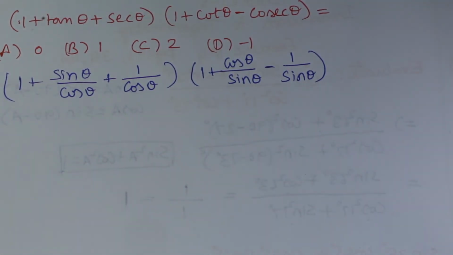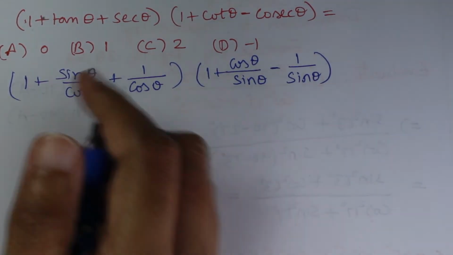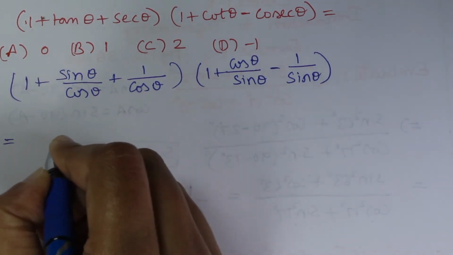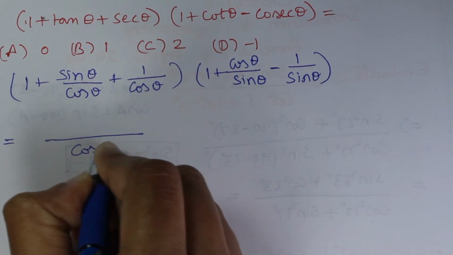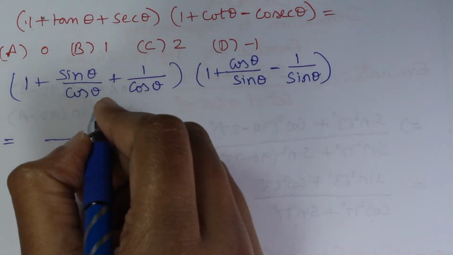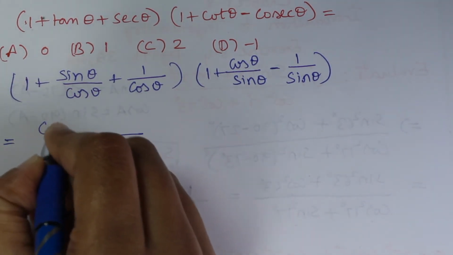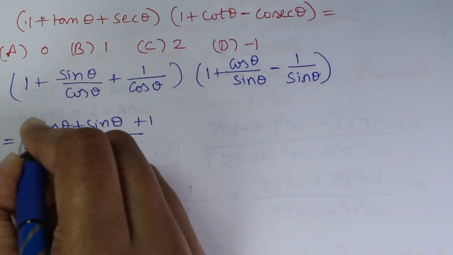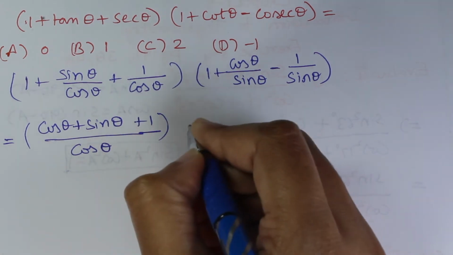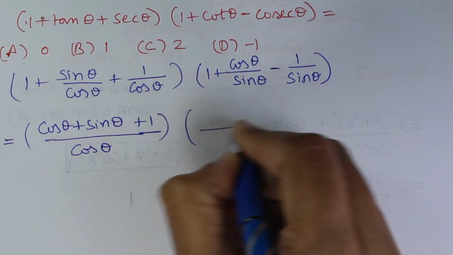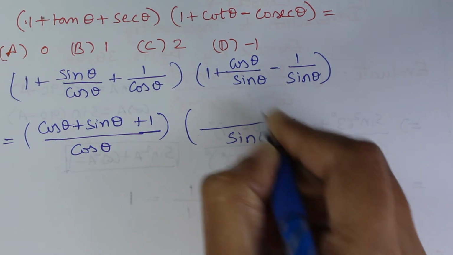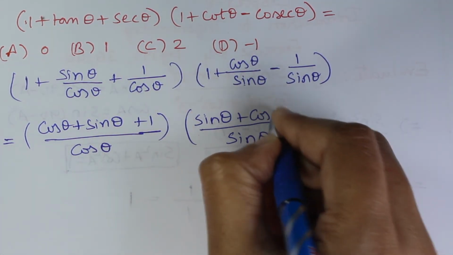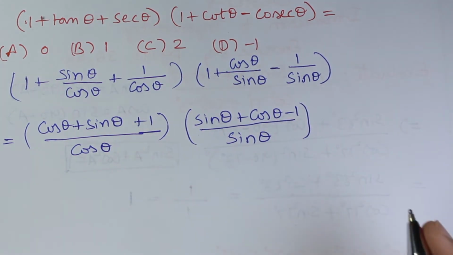That is equal to cos theta plus sin theta plus 1, I have taken LCM, divided by cos theta, into cos theta plus sin theta minus 1 divided by sin theta, right?